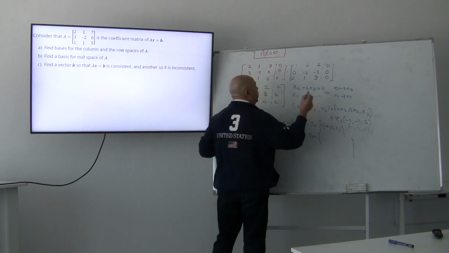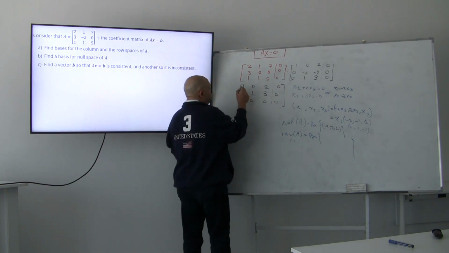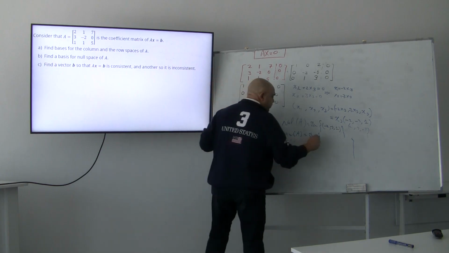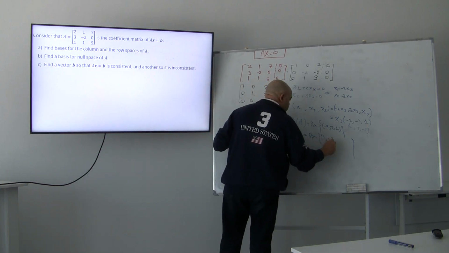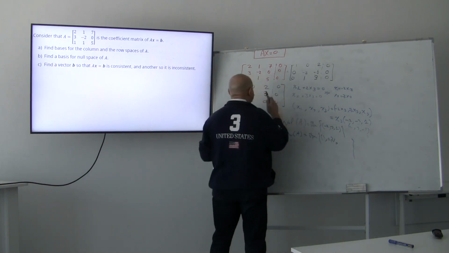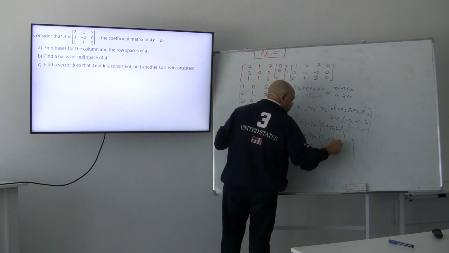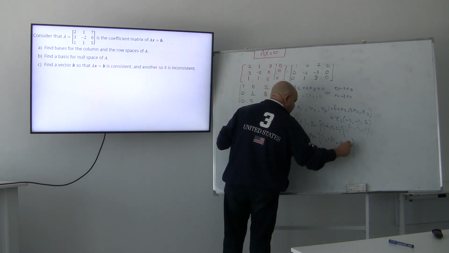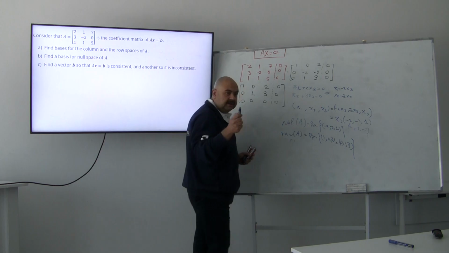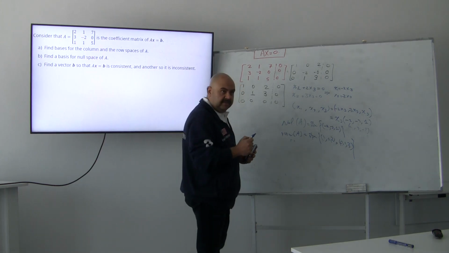Once more, get back to our matrix. The first row is 1, 0, and 2, and the second row is 0, 1, and 3, which is the row span of A.